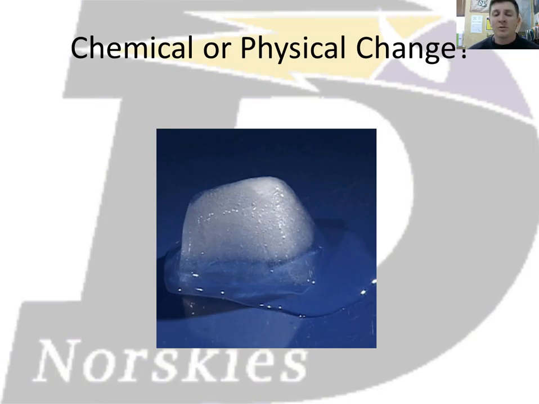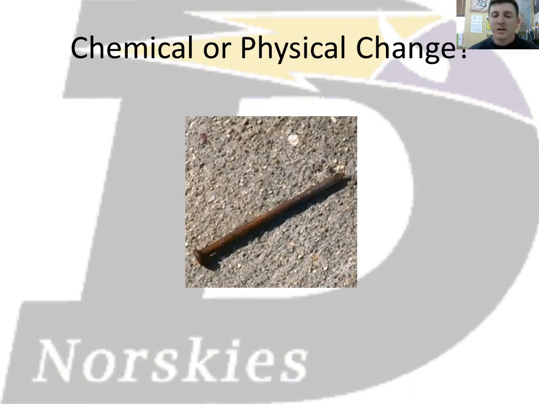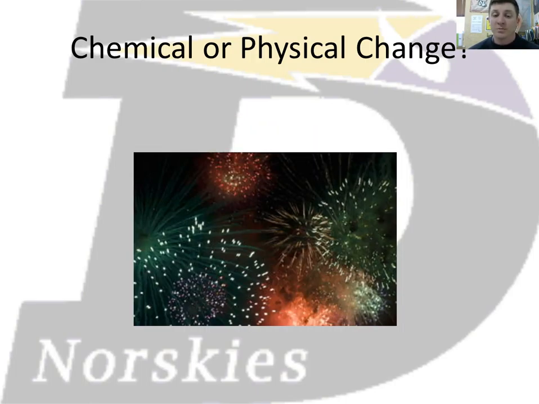To finish up, we have some examples here. I'm just going to go back through this. Here we have ice melting. Is this a chemical or physical change? We'll review this in class as a warm-up to identify. Here we have a rusty nail. Fireworks.